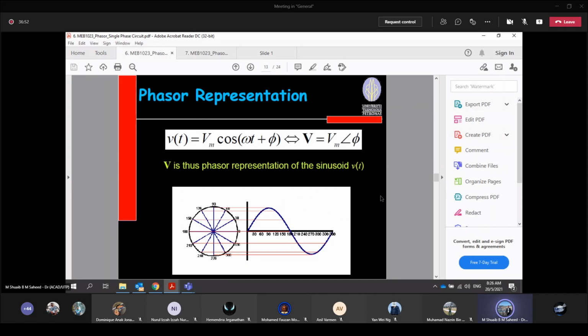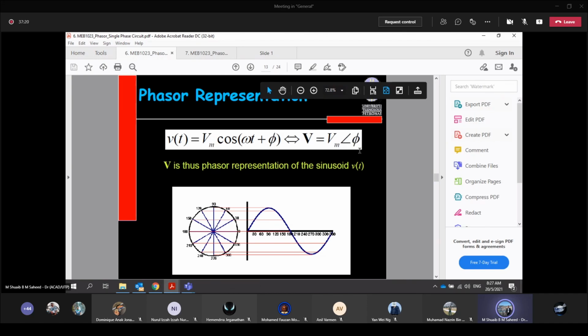Okay, next will be the phasor representation. If you have the sinusoidal waves, Vm cos(omega t plus phi), the phasor representation will be V equals Vm, the amplitude, and then the phase angle, phi.